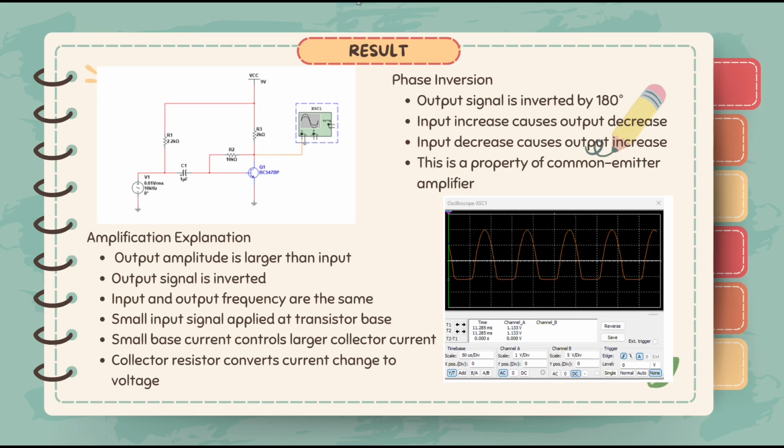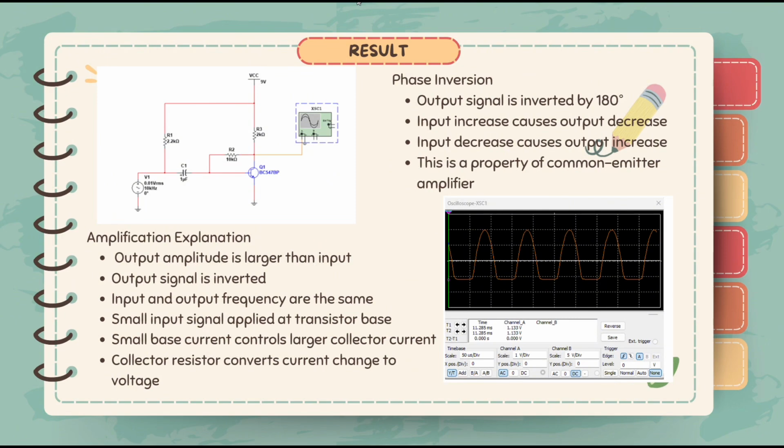The result of this project demonstrates the successful operation of a single stage audio amplifier using a BC547 transistor in a common emitter configuration. The simulation shows that the circuit provides effective voltage amplification, where the output signal has a larger amplitude than the input signal.